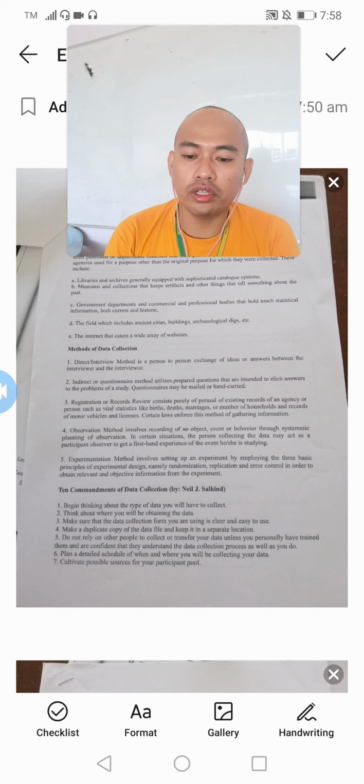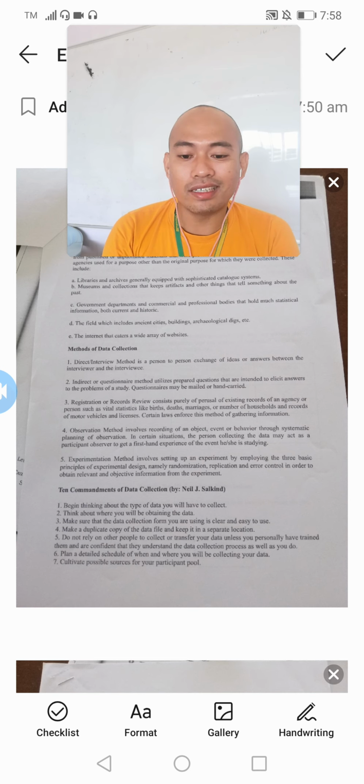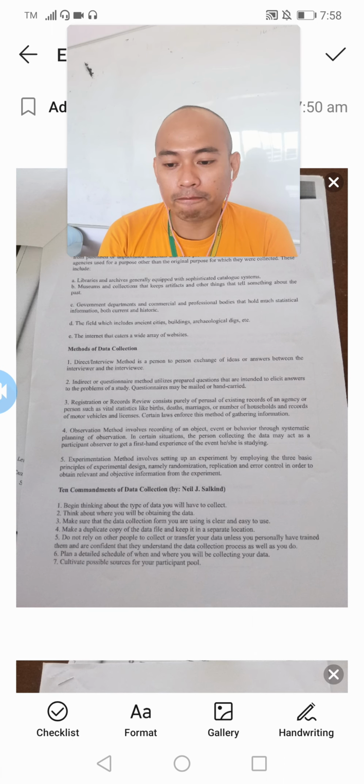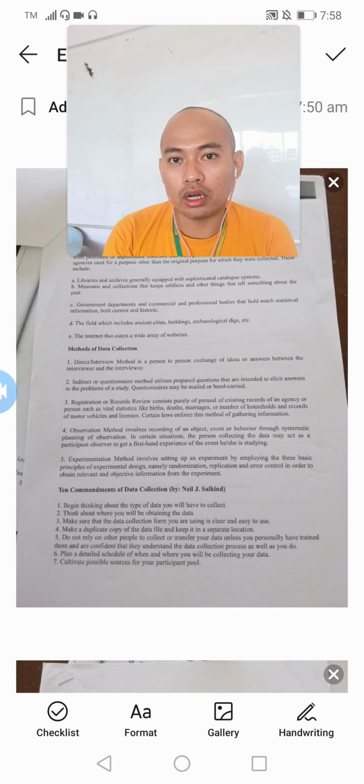Because when we say secondary source, these are sources from which information is gathered from published or unpublished materials that were previously collected by other individuals or agencies, used for a purpose other than the original purpose for which they were collected. As I said a while back, one of which is the library or archives or databases.